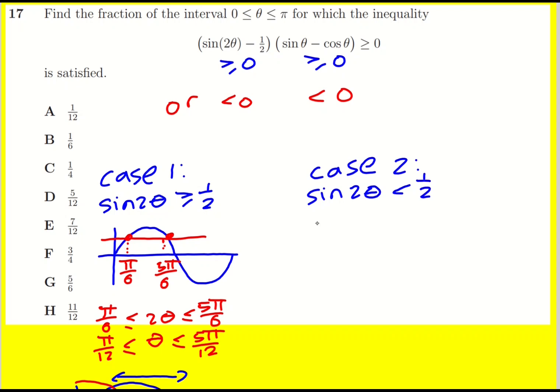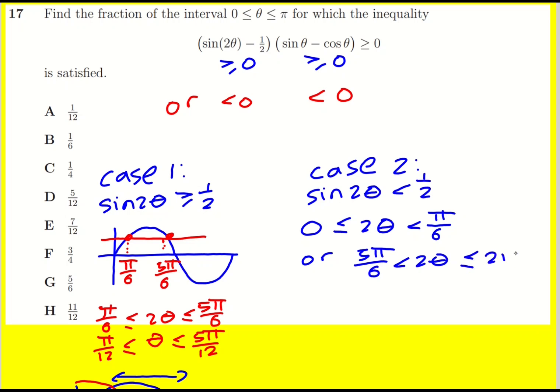Remember it's 2 theta I'm solving for, so I'm either going to get 0 less than or equal to 2 theta less than pi over 6, or 5 pi over 6 less than 2 theta less than or equal to 2 pi, which means I will then get 0 less than or equal to theta less than pi over 12, or 5 pi over 12 less than theta less than pi.